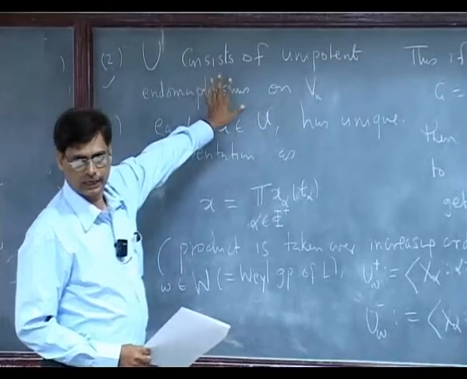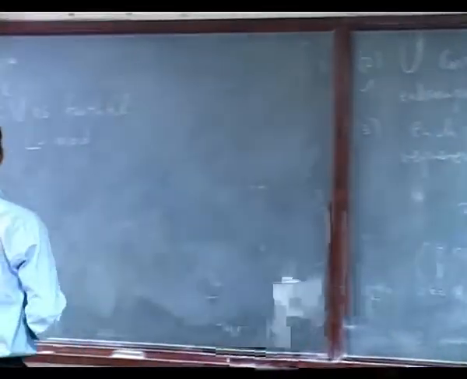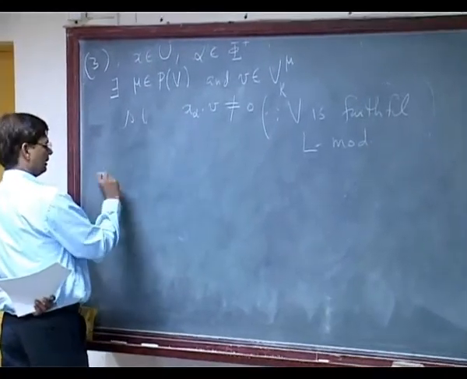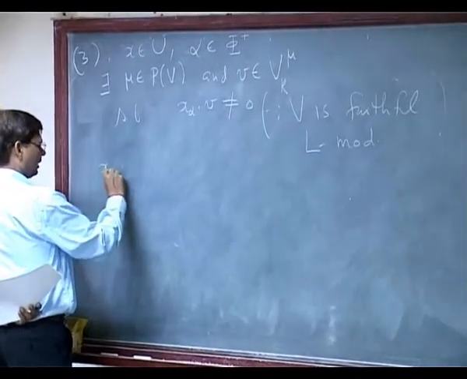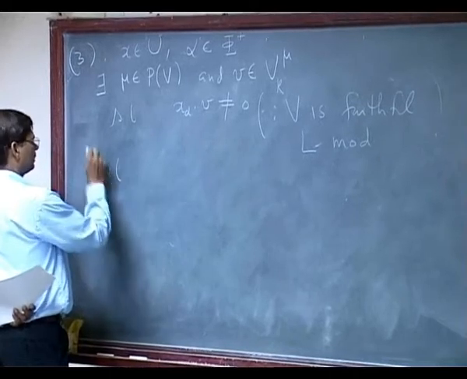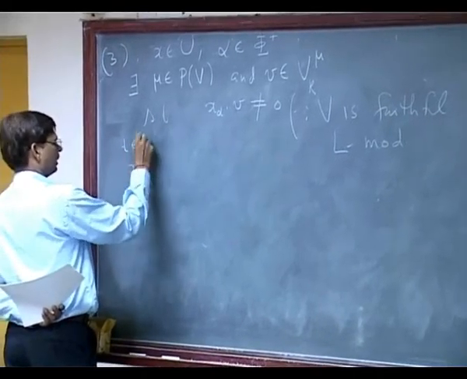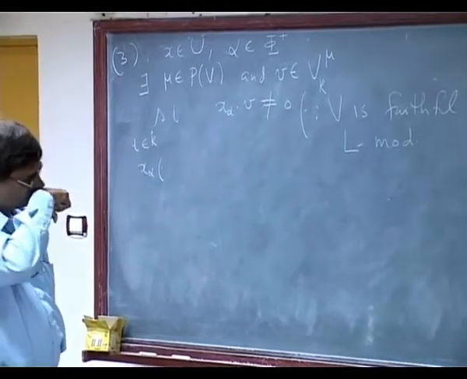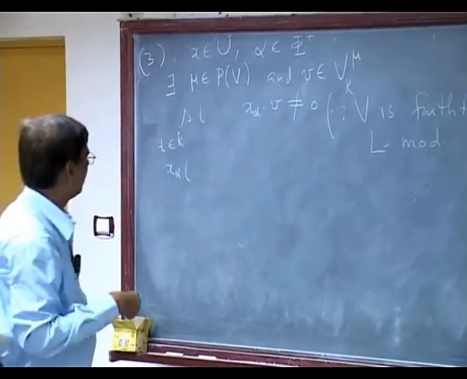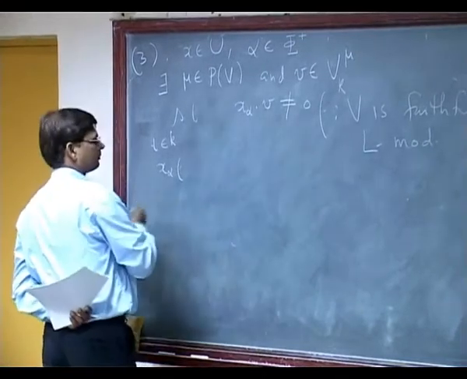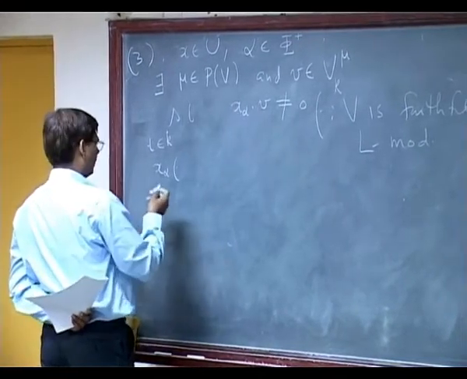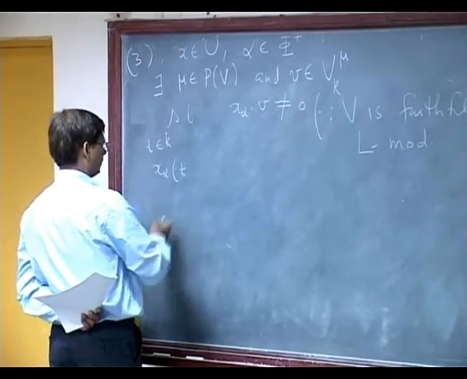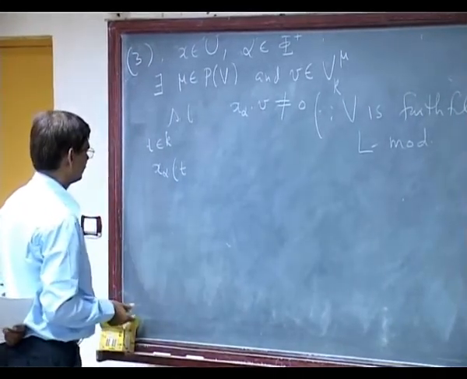So, you consider x_alpha(t), with t belonging to some k. So, what is x_alpha(t)?